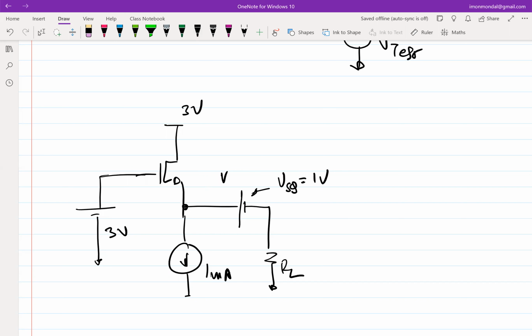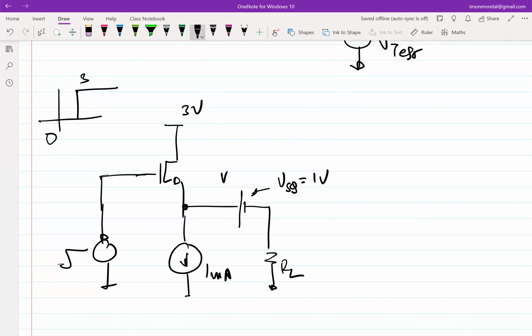Now what you are saying is, let's assume that this was 0 and I suddenly turned it on. So essentially, if this is a step input from 0 to 3 volt, what's going to happen?